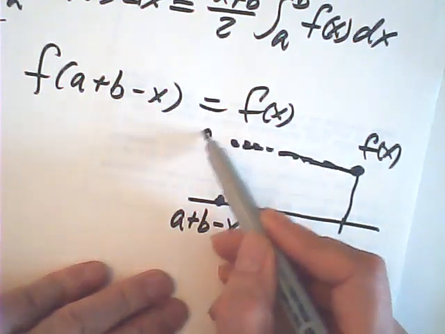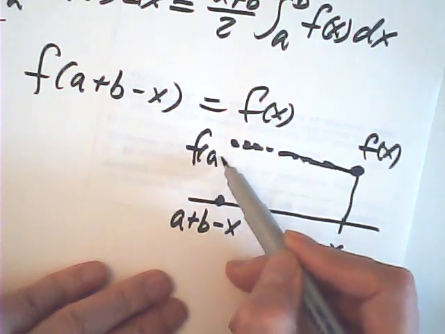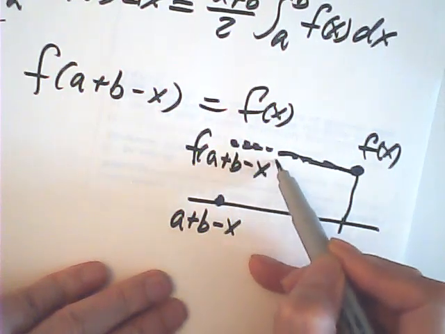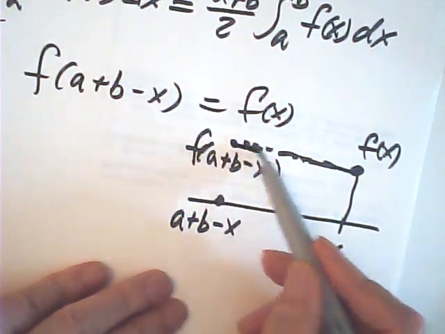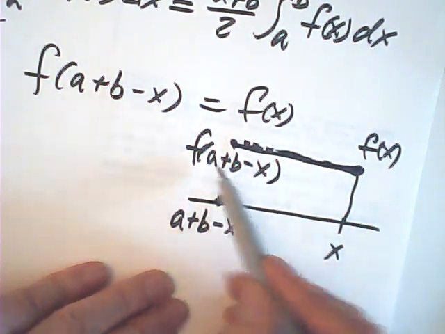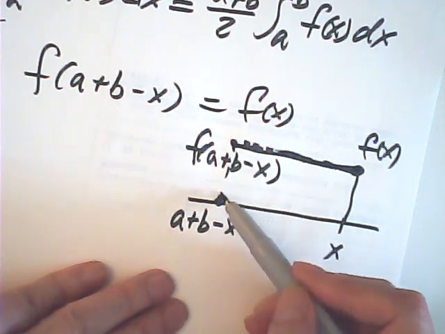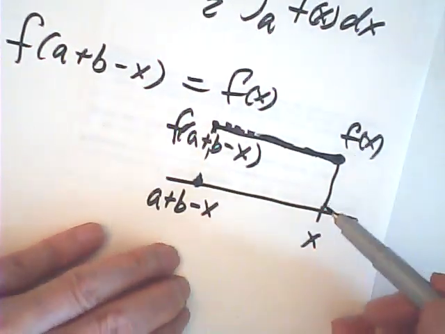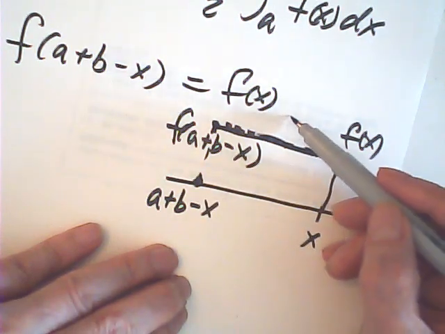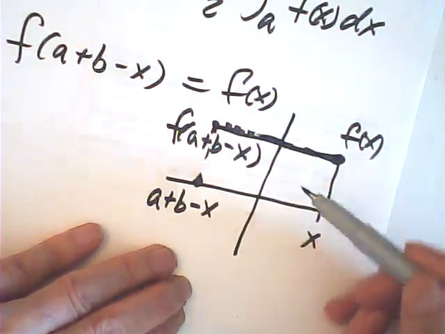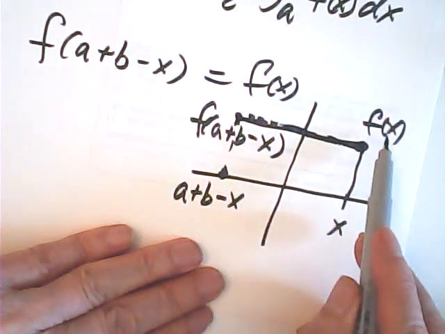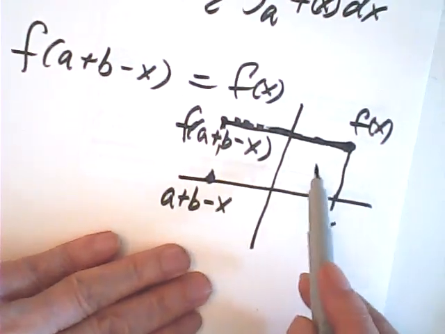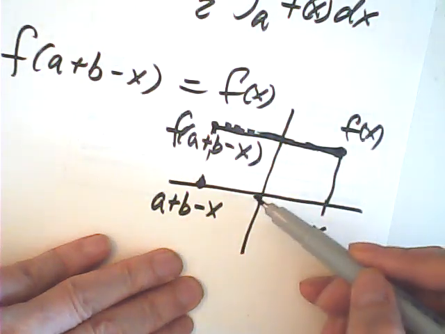Okay, this is f of a plus b minus x. They are the same height. They are equal. Therefore, they are symmetrical with respect to the midpoint, right? The function is symmetrical with respect to the midpoint.